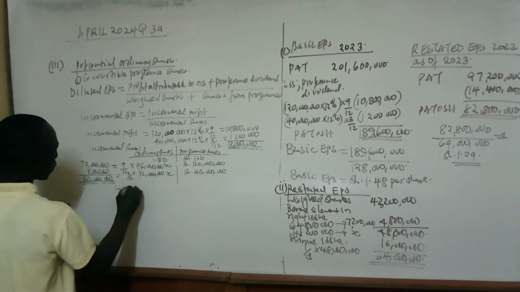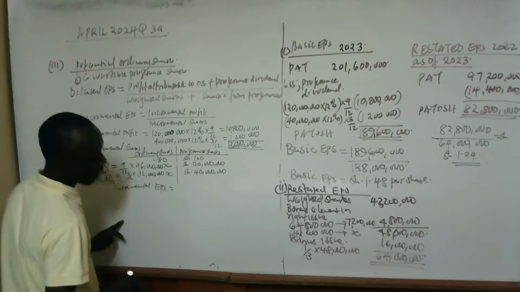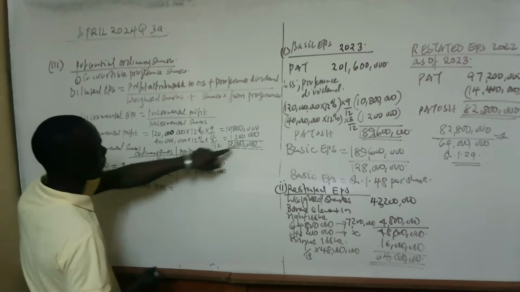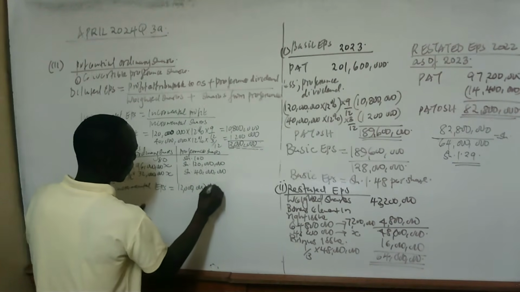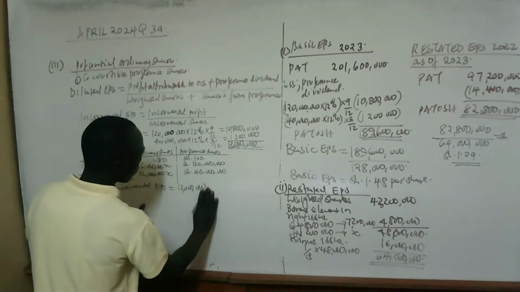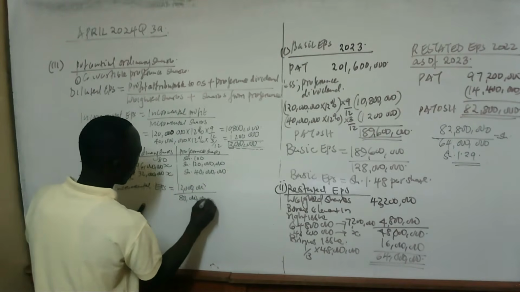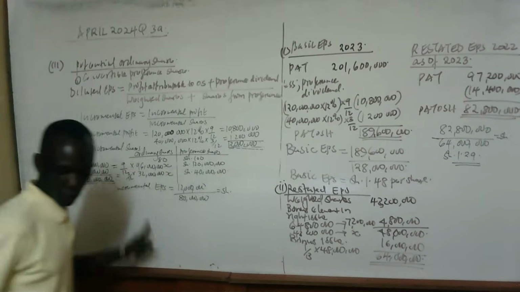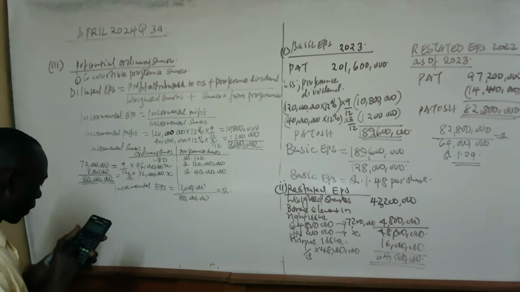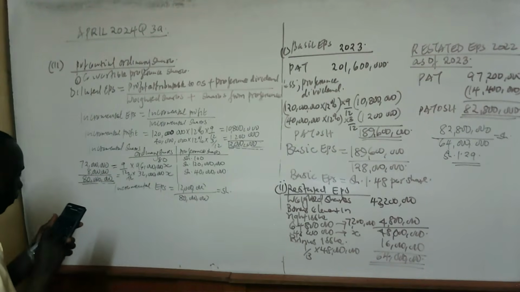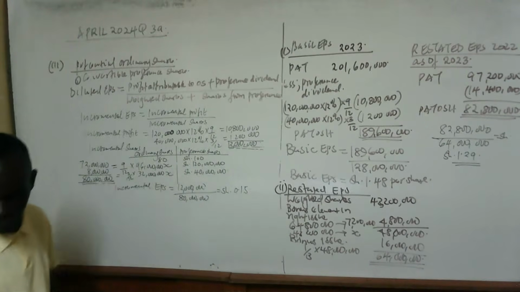So our incremental EPS is given by 12 million divided by 80 million. Therefore, we get shillings 0.15.